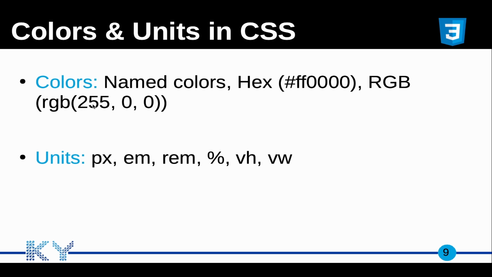You can pick a value for red from 0 to 255 for the different shades of red, then you pick a value for green and a value for blue, and the changes in these values give you different shades of color. Aside from these three, we have many other color systems, but these are the three I'm going to talk about. Just know that we have a lot more color systems which we can use in our CSS.